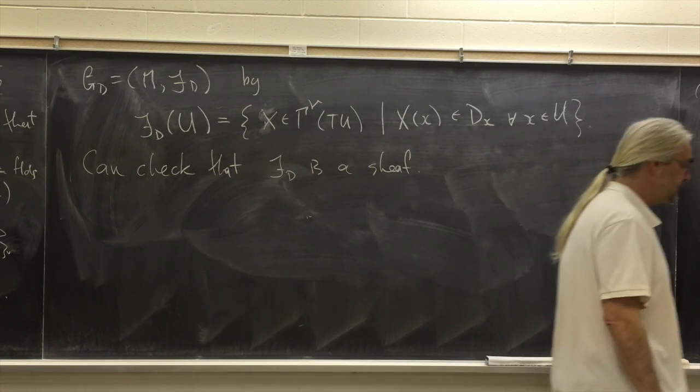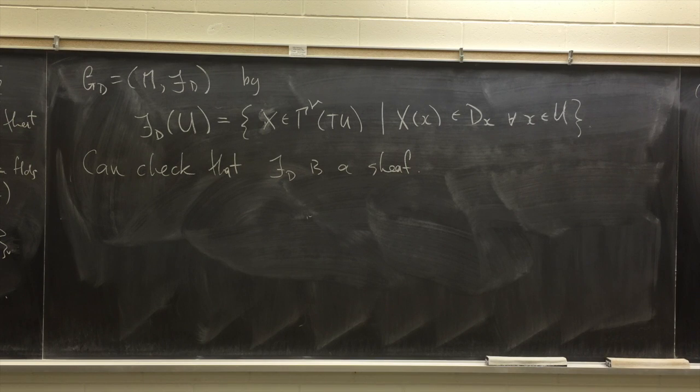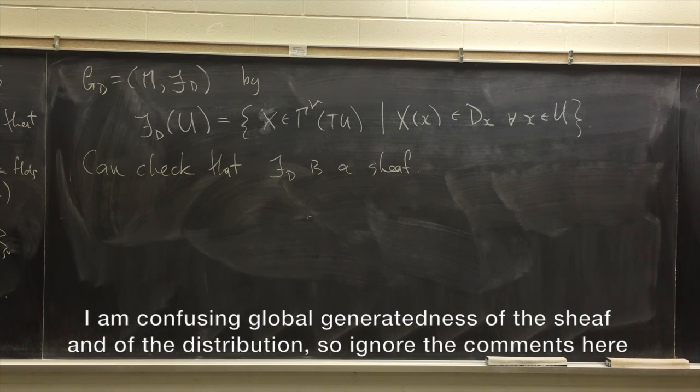Okay, so you can easily check this is a sheaf. The interesting question to ask here is, is this globally generated? The answer is no, generally. It'll be globally generated if D is one-dimensional or something like that, and even then you need some topological conditions for the existence of a continuous non-vanishing vector field.